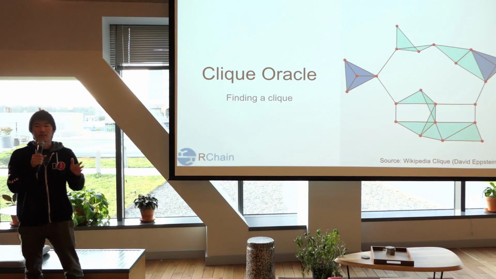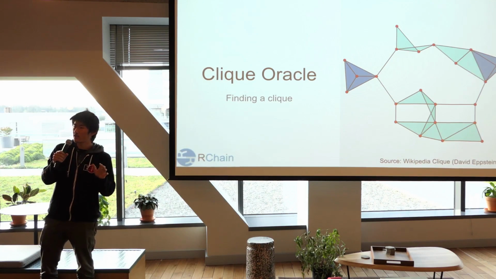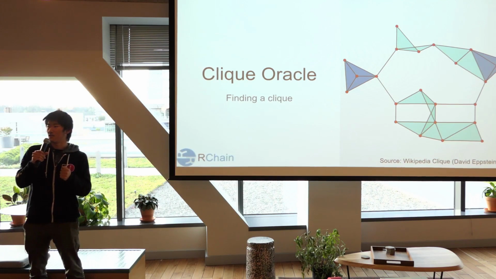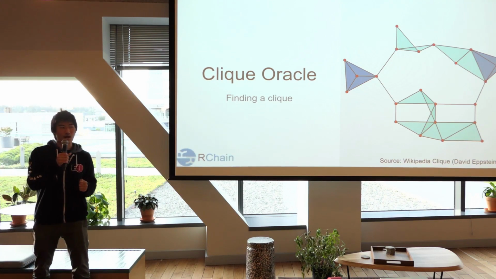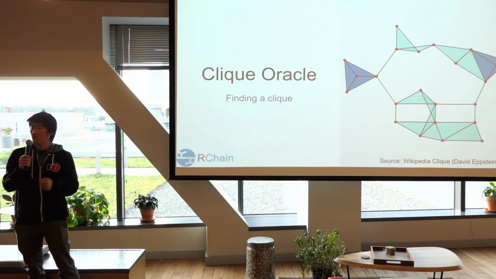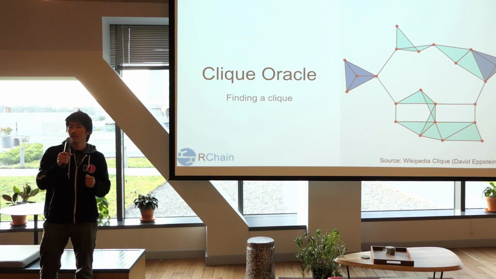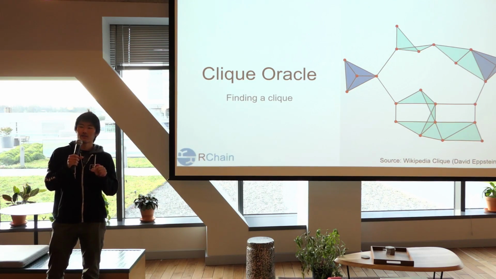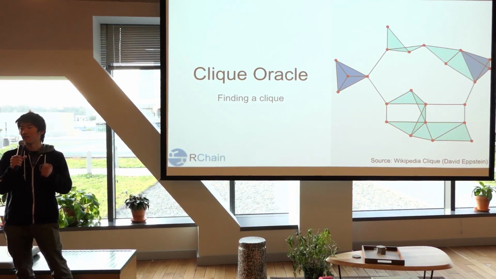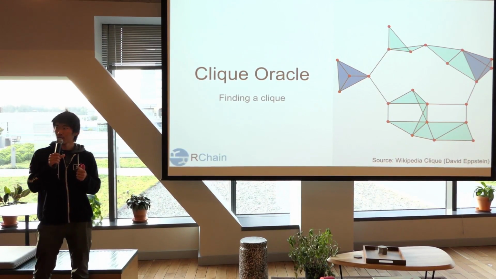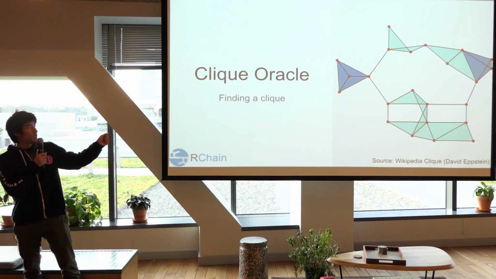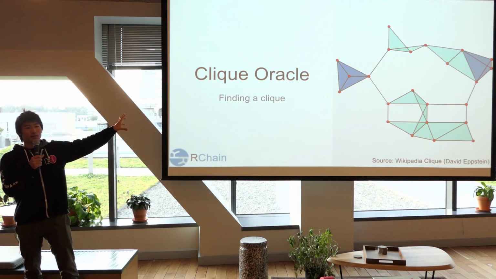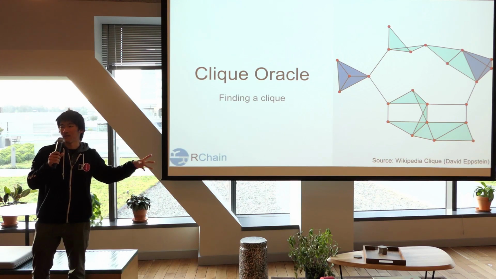And so, okay, I've sort of glossed over what the safety oracle is. So I'm going to explain that now. The specific oracle that we're using for RChain is called the Clique Oracle. And to understand the Clique Oracle, we have to go back to what a clique is. The idea is, this is a graph, right? So clique comes from graph theory.